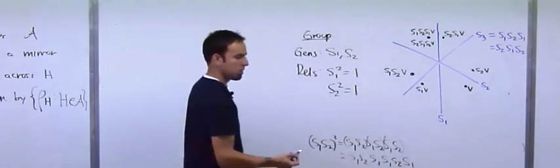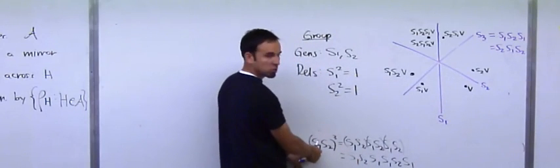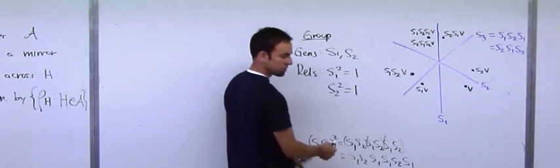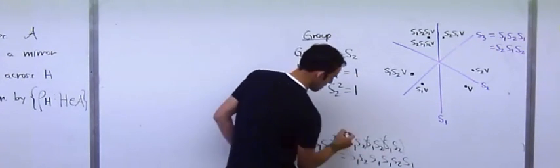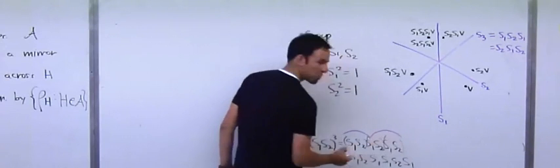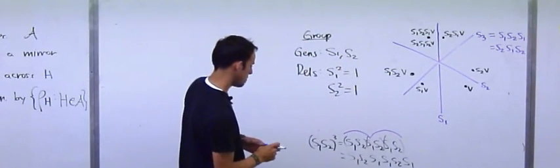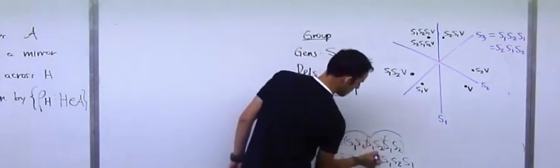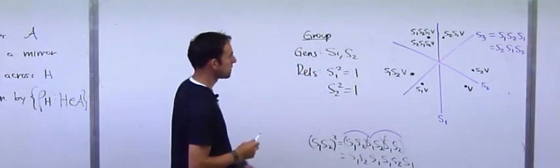So first I took S1, S2 cubed. So I got S1, S2, S1, S2, S1, S2. But then I said, now let me group it in this way. It's a group, so it's associative. So I took the last three, S2, S1, S2, and I wrote it as S1, S2, S1, because of this equality.